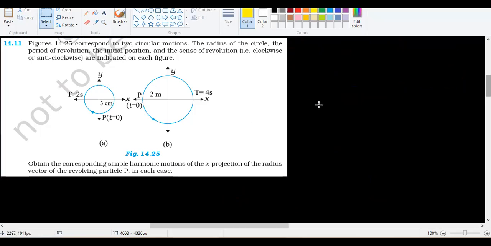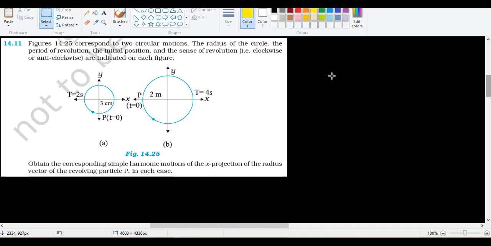14.25 corresponds to C. Circular motion, the radius of the circle, the period of revolution, initial position, the sense of revolution, clockwise or anti-clockwise, are indicated in each figure.